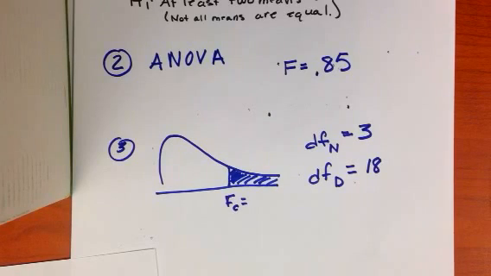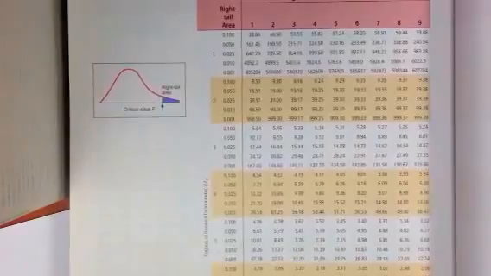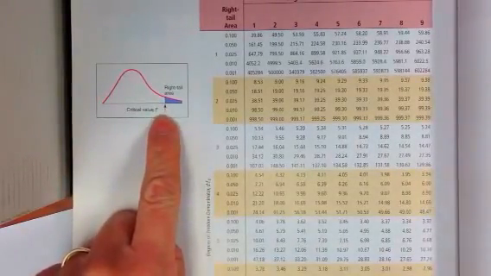The F table is in the back of your textbook. I will print these off for you as well for your tests. It begins in Appendix 2, Table 8. The picture shows it right-tailed.